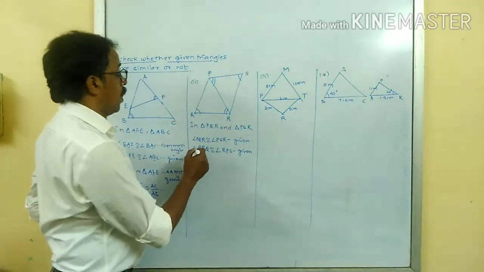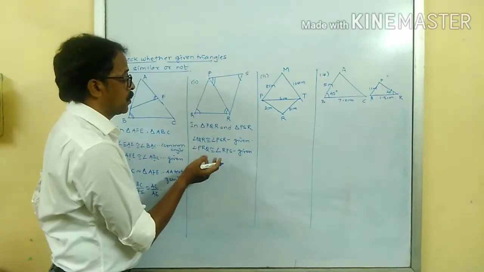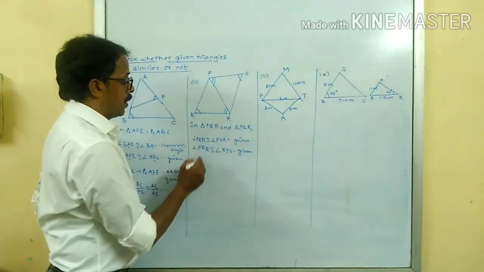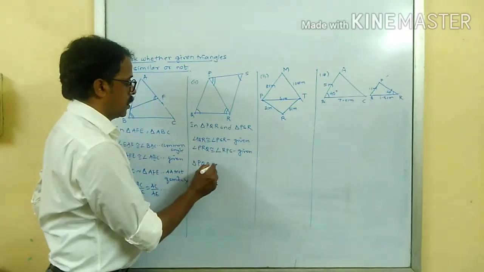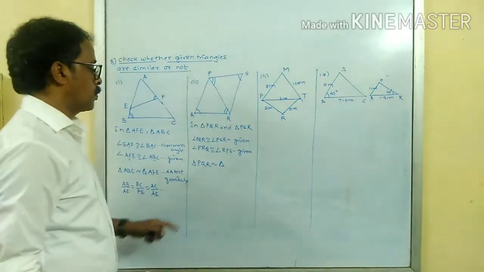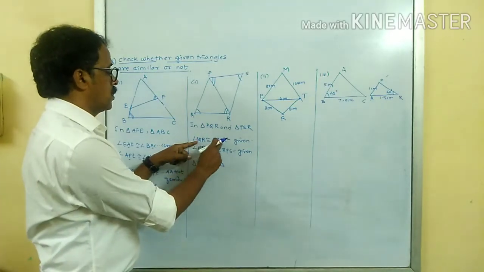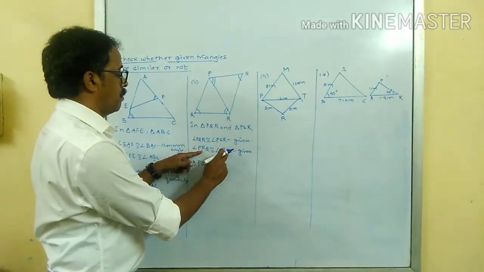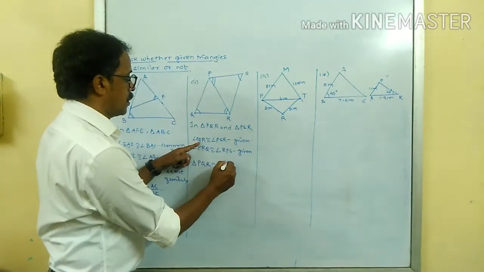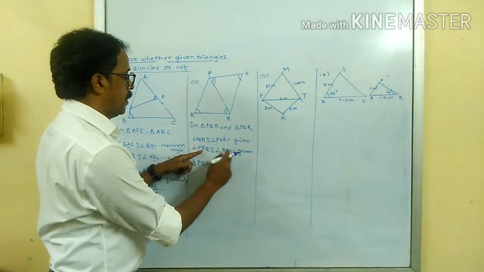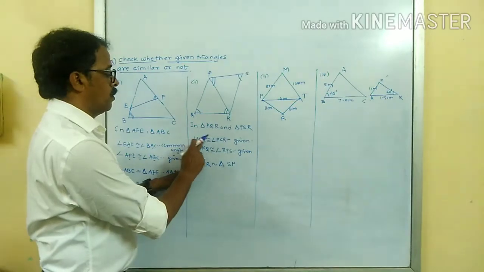Now how do we write the correspondence, because these are the two sufficient conditions? What is the corresponding pair for triangle PQR similar to triangle? For P in PQR we don't have anything, but for Q it is given S and for R it is given P. So for Q it is S and for R it is P. What is P remaining corresponding to?